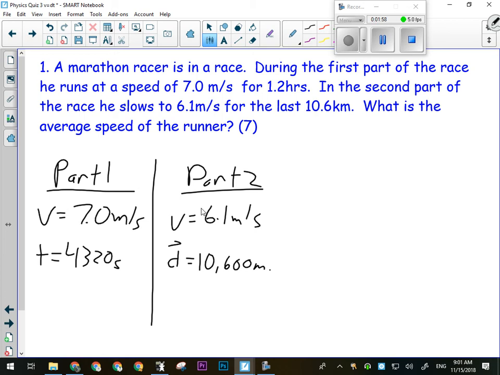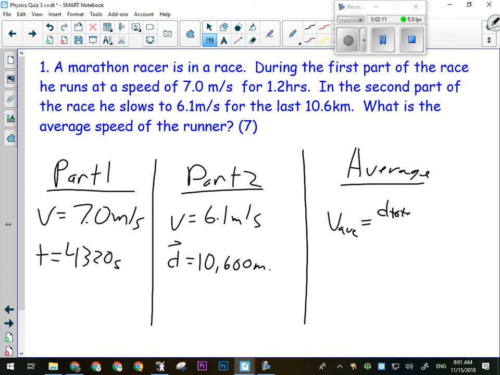All right, so that's the information I'm given. They want me to find the average speed of the runner. Okay, if I want average speed, that means I need the total distance, not the total displacement, over the total time.